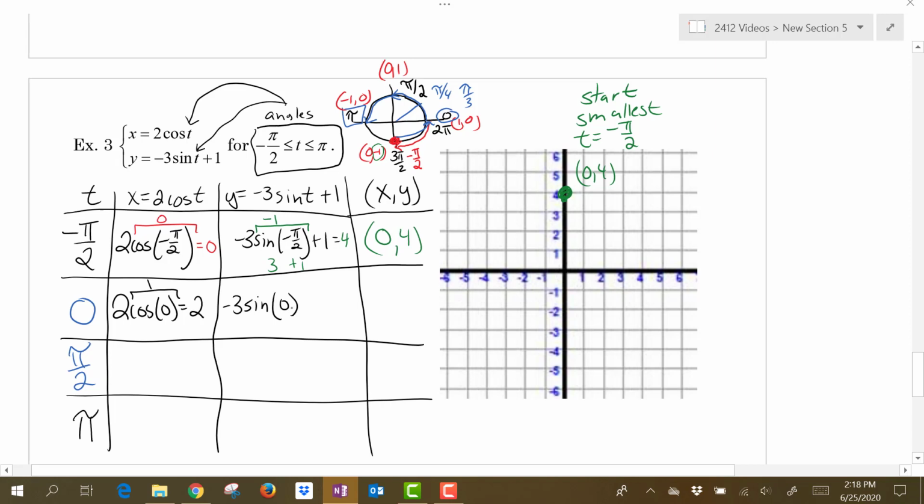I'm just using what I know from the unit circle, because it's just right there. Sine of 0, that's 0. Negative 3 times 0 is 0. 0 plus 1 is 1. So we get 2 comma 1. Plot that and label that, and write down my t value next to that. T is equal to 0.